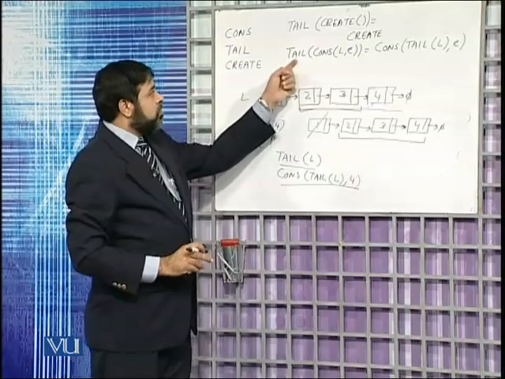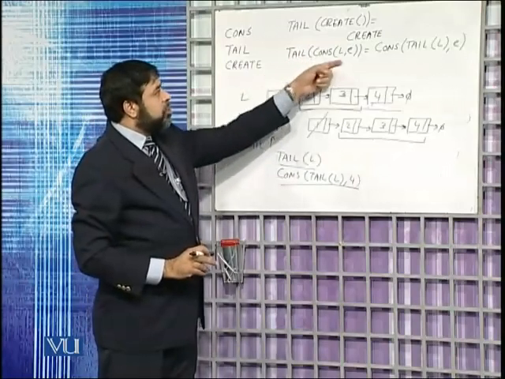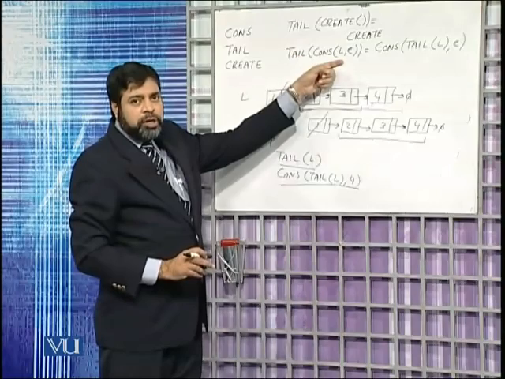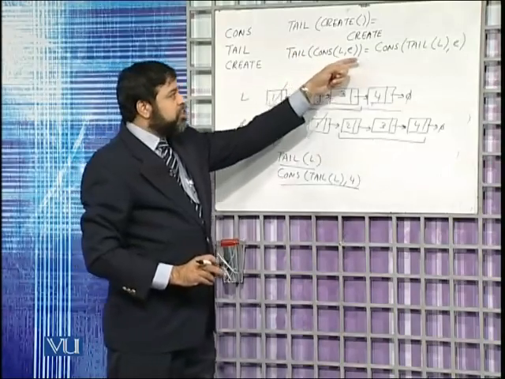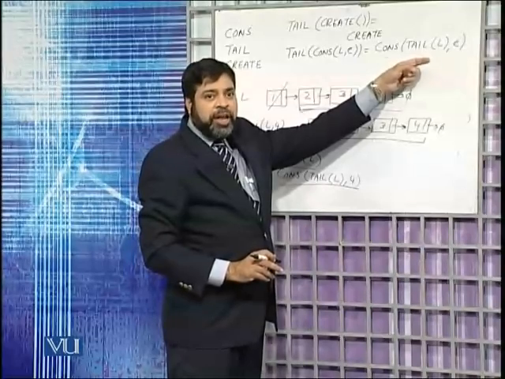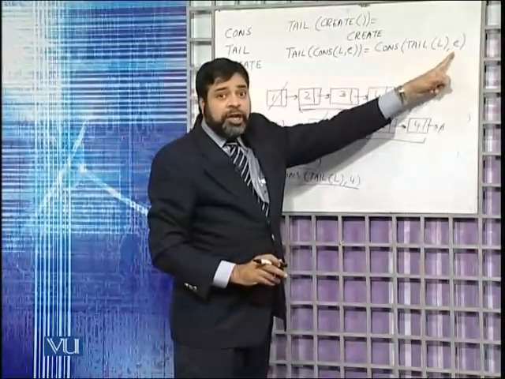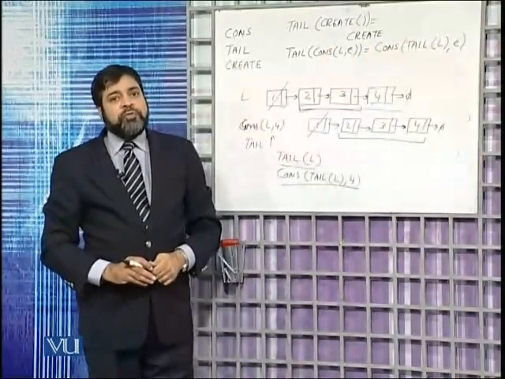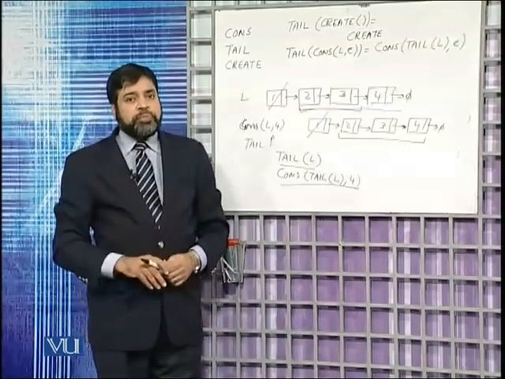So chopping the head of this newly created list, the answer is the same as if you chopped the head of the old list and then added E to that list from which you have already chopped this head.